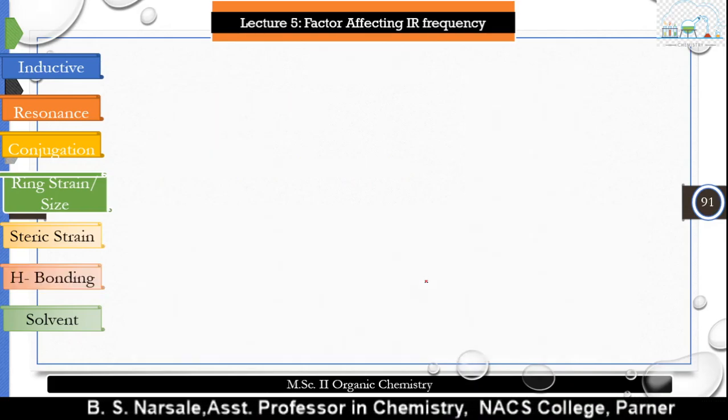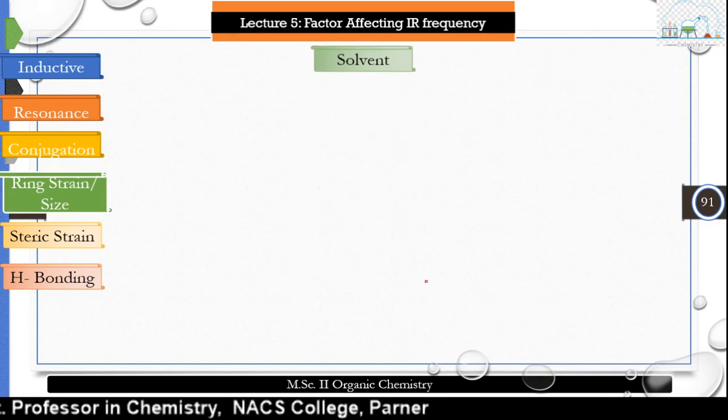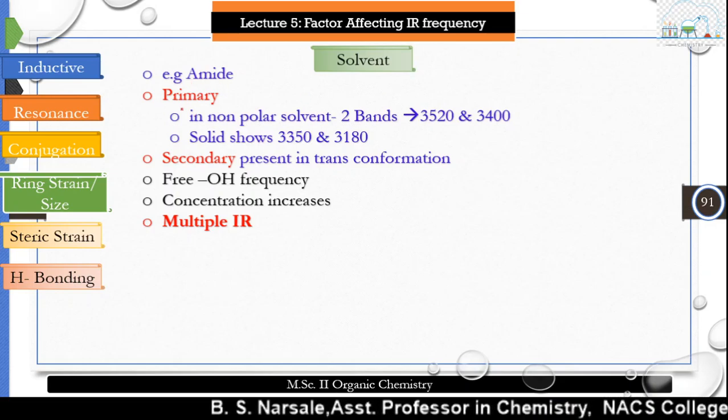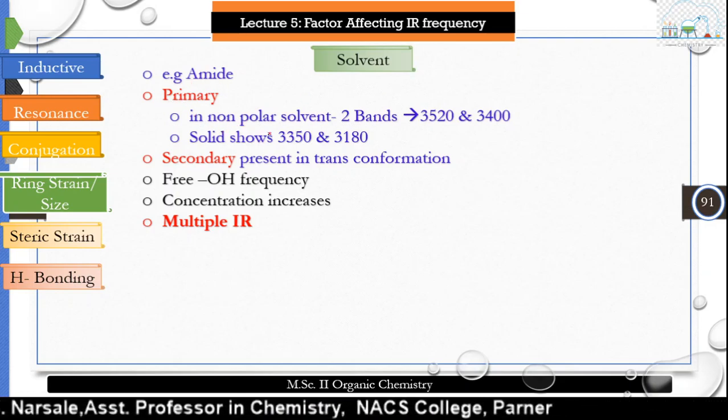And lastly, we look at the solvent. All of you are familiar that solvents play a very important role. If it is a polar, protic solvent, it can easily form hydrogen bonds, so the stretching frequency will also be affected. Take a simple example of amide molecules. Primary amides have two bands.